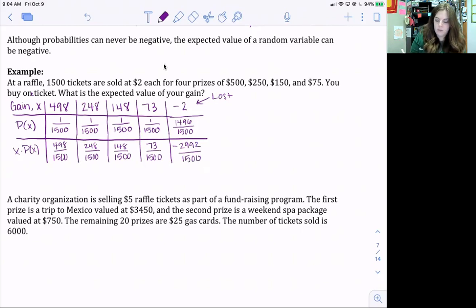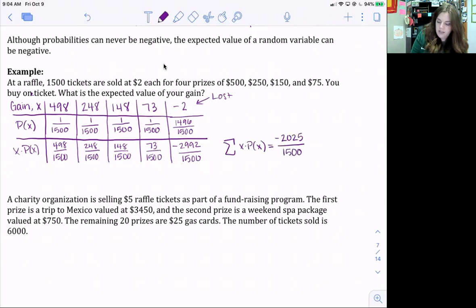And now add everything up. Since we have common denominators, just add your numerators. So our summation of x times p of x equals negative 2,225 divided by the 1,500.